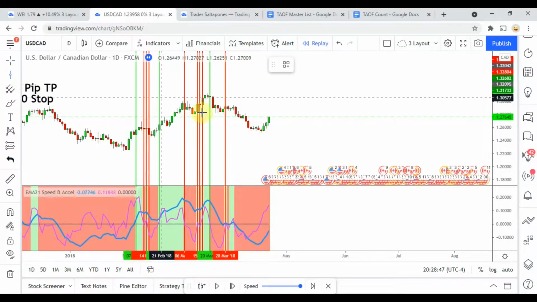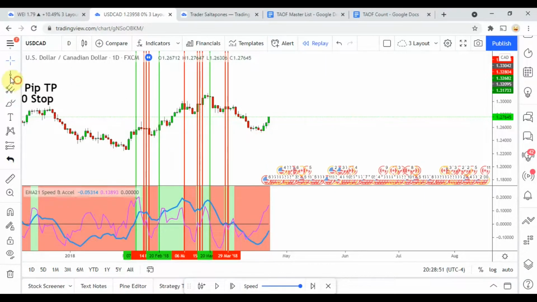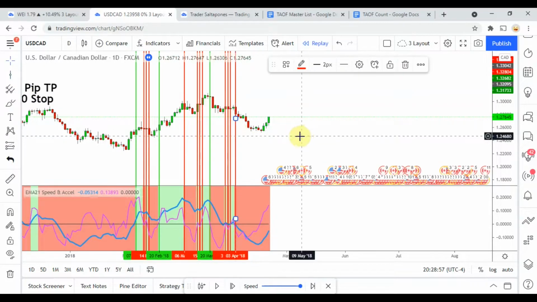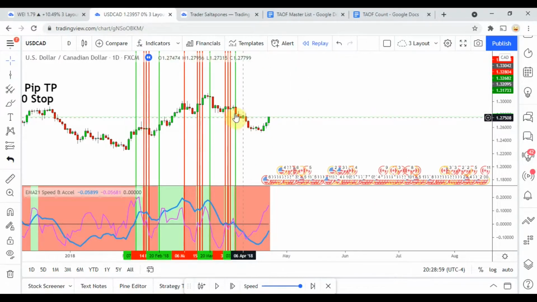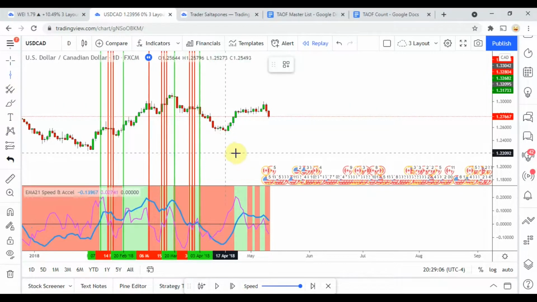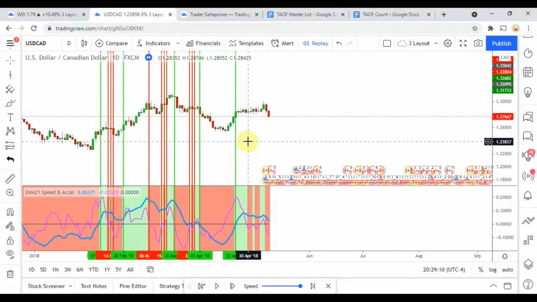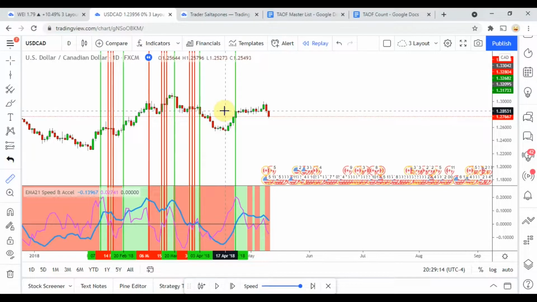The same type scenario, getting stopped out pretty quick by a short, and then stopped out by a long before eventually getting this short signal right here, which drops out pretty good and gets us to take profit. Then we pick up a long over here. Don't think this got us to take profit. Let's double check. It's probably pretty close.